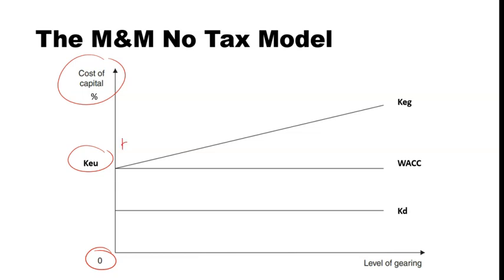So you can see that at this point, KEU is equal to WACC. This is our WACC graph, and this was our KEU graph. However, it now becomes KE geared because we were now geared, and you can see that the graph of the cost of equity had risen because of the gearing.